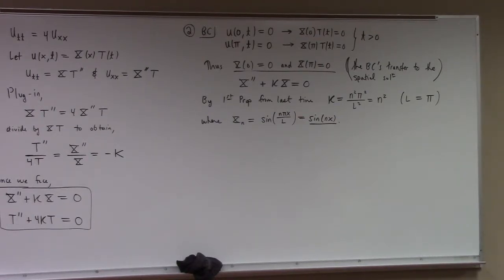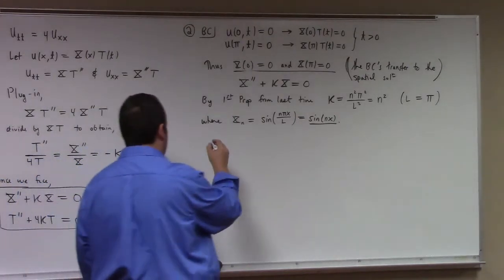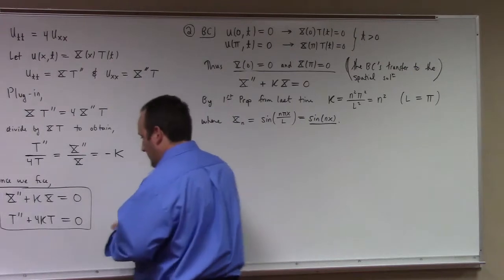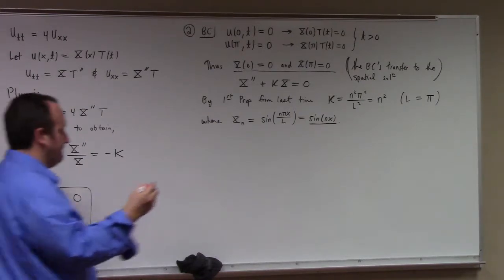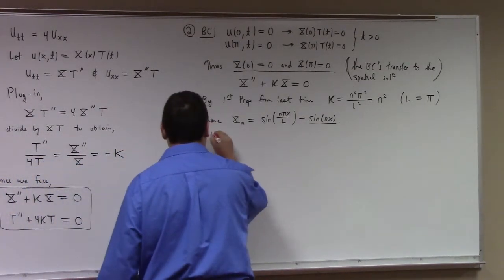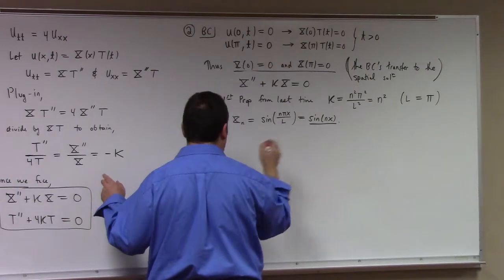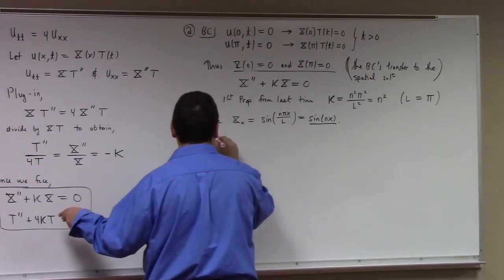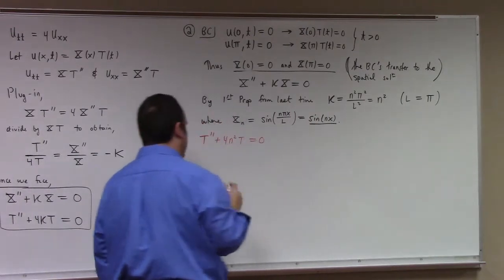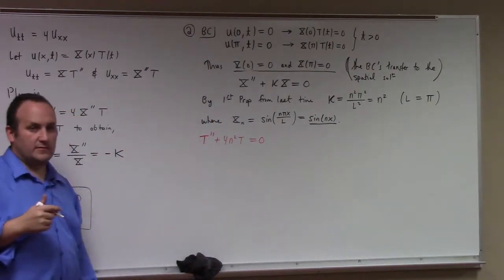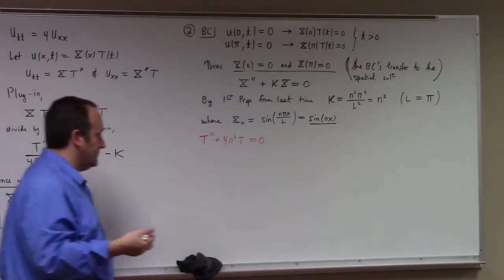Now that we recall that, we can attend to our temporal solution. We can take care of the time problem. We've got T''. What's my k equal to? k was n squared. So T'' + 4n squared T = 0.